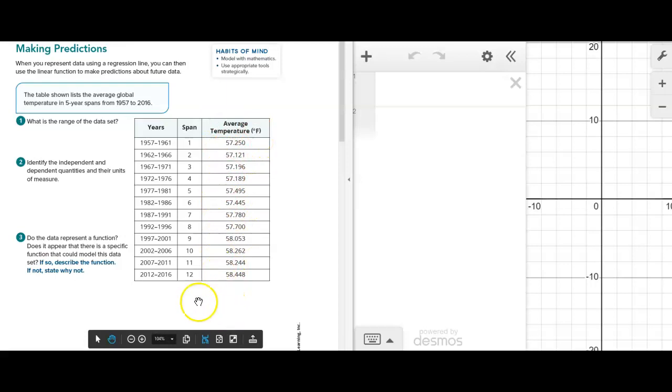So time is often the independent variable, and in this case it is the span number, and our temperature is our dependent quantity. This span is measured in the units of years, 4-year spans, and our dependent quantity of temperature is measured in degrees Fahrenheit.